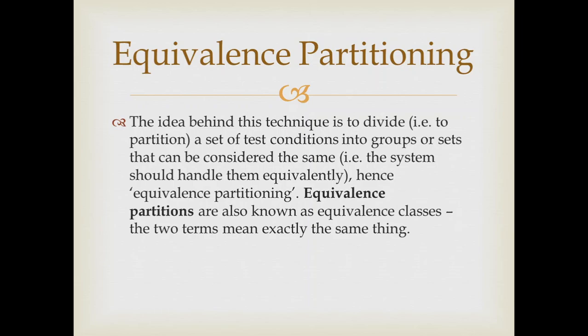So you group them based on each criteria category, and you pick a few data from each group to make sure that the particular class is valid, or your test condition is passing with the picking of those few data.